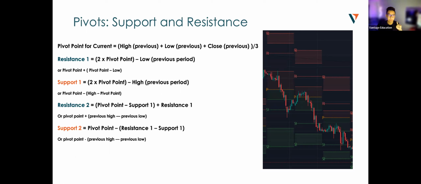And what you will identify is that as we draw these lines, even though it is solely for this particular period, so if you're looking at daily, and this is solely for the particular period, you'll notice that your R1, your R2 will coincide with previous resistance levels, right? And your supports S1, S2 will coincide with previous support levels.